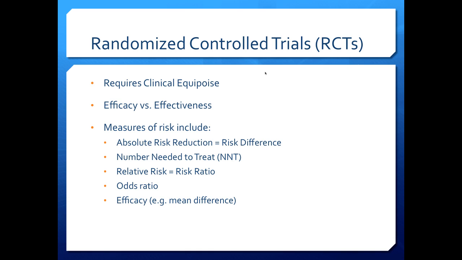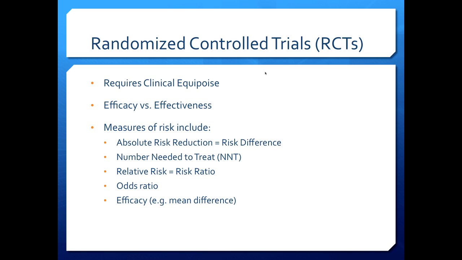There are 2 main types of randomized controlled trials: those that deal with efficacy and those that deal with effectiveness. Efficacy trials establish that an intervention works under ideal conditions, usually in a high-risk population. Effectiveness trials, on the other hand, focus on how well interventions will work in the real world.